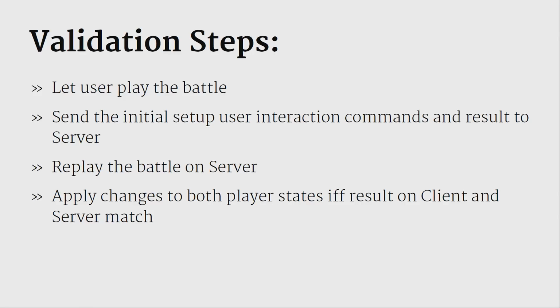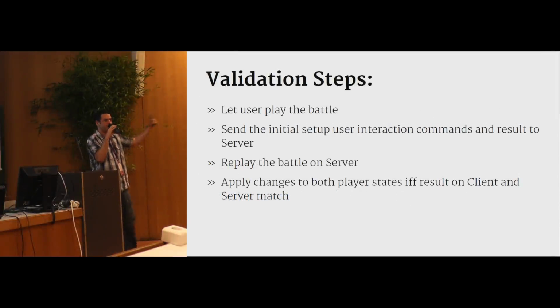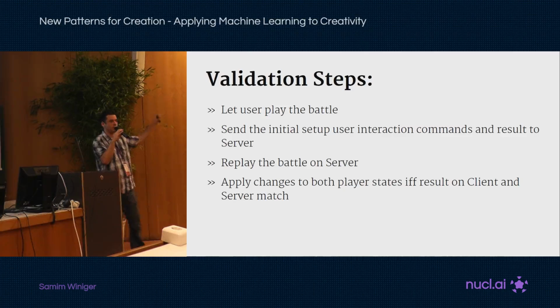Then at the end, they will send the initial setup, all the interaction commands, and the end result to the server. The server will just replay and see if it becomes the same final state that we sent as a user, and then, if and only if, we will change both states for the player who attacked and the player who's been attacked.